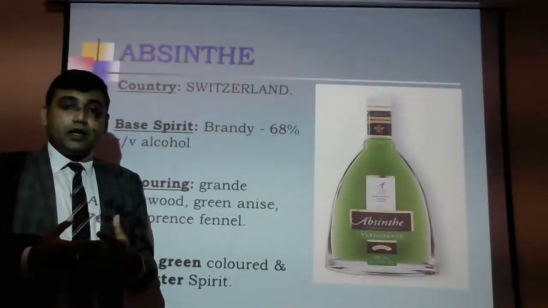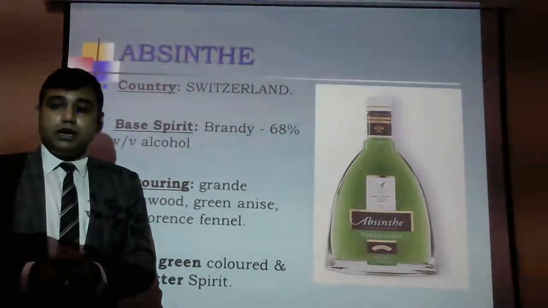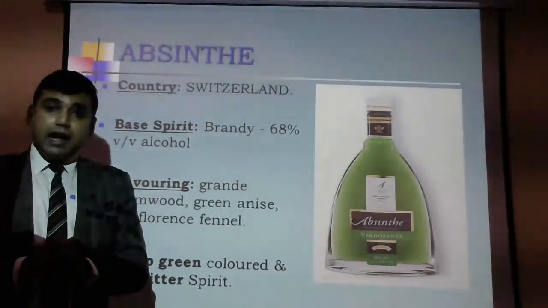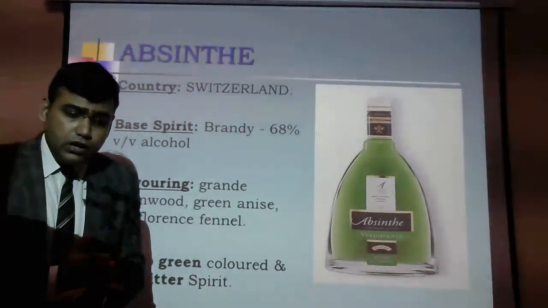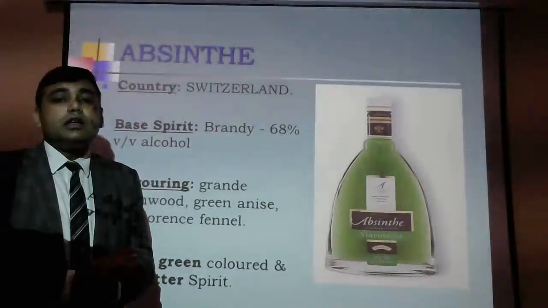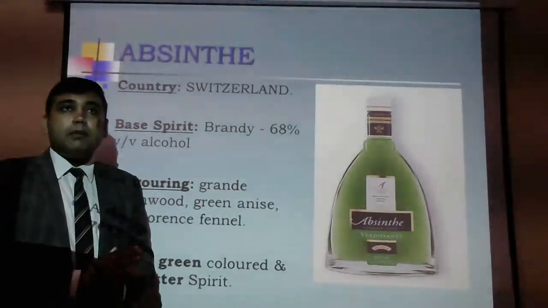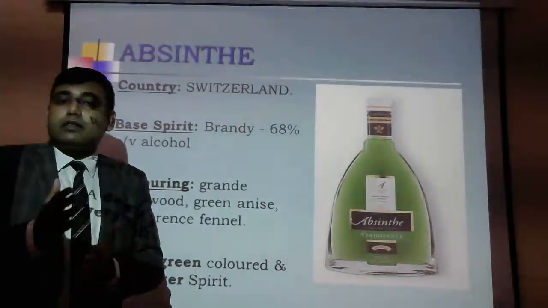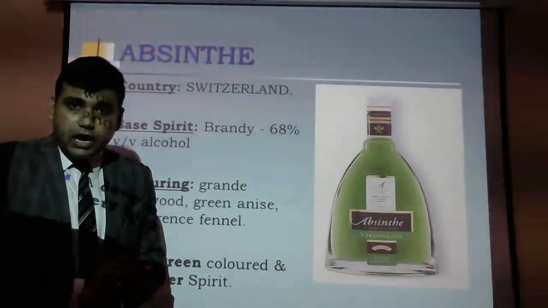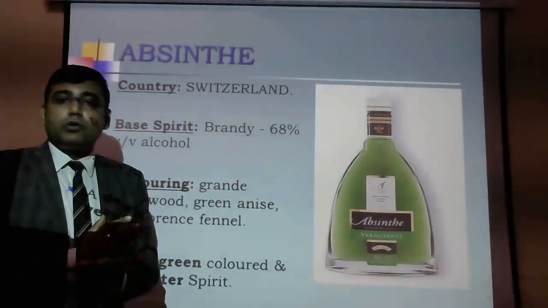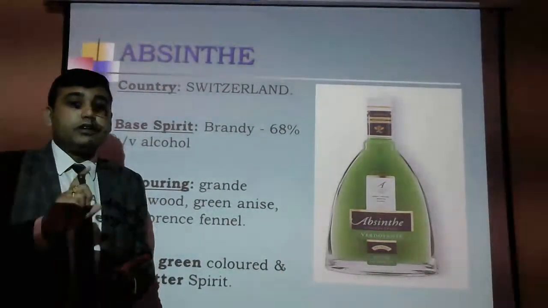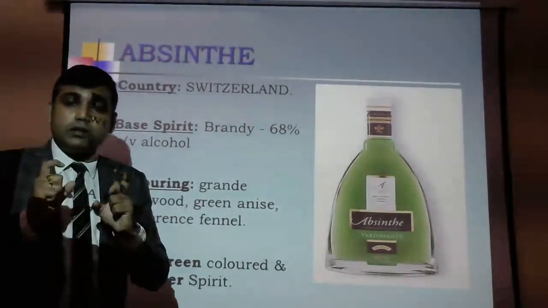We will see. As we know, it has been popularly produced in Switzerland, and this particular alcohol is banned in the USA and some parts of Europe, where there is a prohibition on selling absinthe because of its high alcoholic percentage.